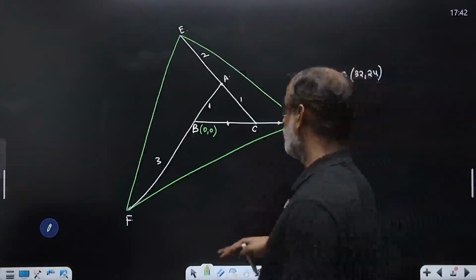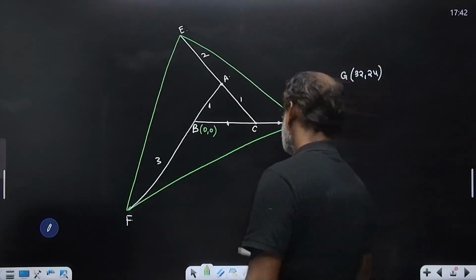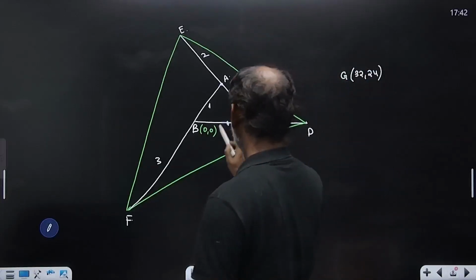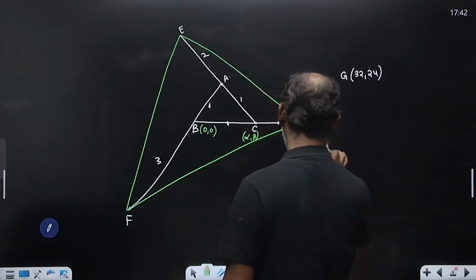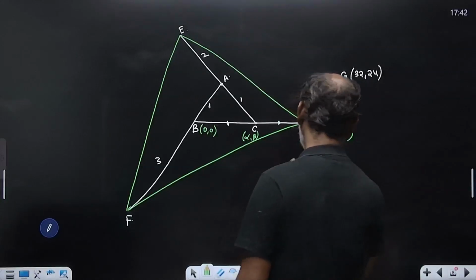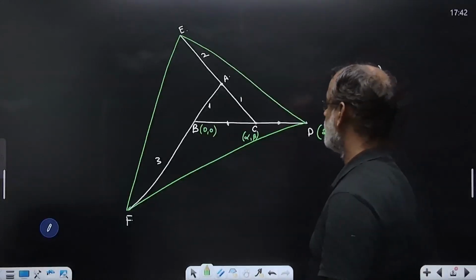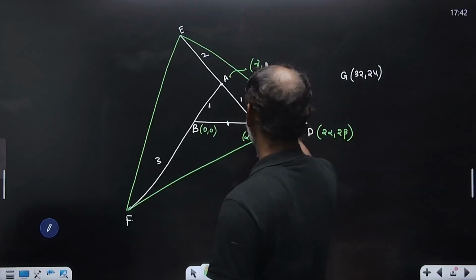The centroid of DEF is said to be K. Now, since coordinates are given, let us utilize B as 0, 0. This is say alpha, beta, so this is 2 alpha, 2 beta. Say vertex A is gamma, delta.